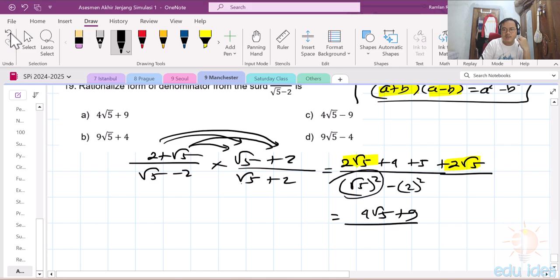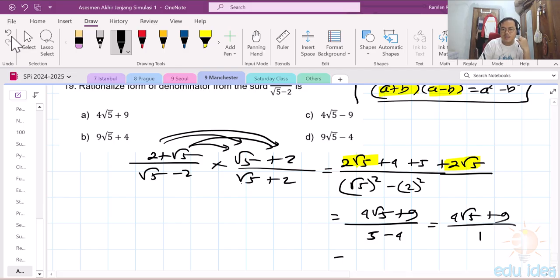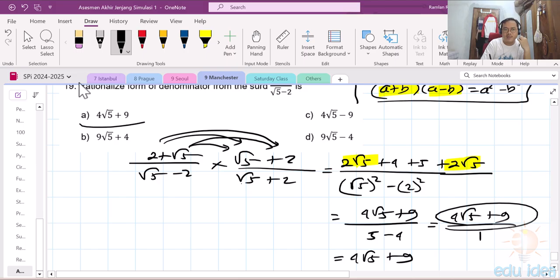On the denominator, square root of 5 being squared is just 5, and this is just 4. 5 minus 4 is equal to 1, and if you divide anything by 1, you get the same exact number. So this is just 4 square root of 5 plus 9, and that is this guy.